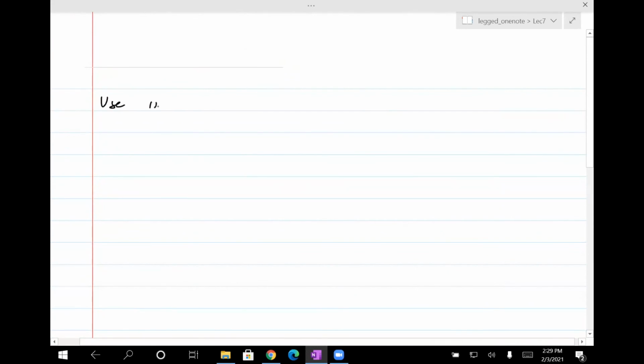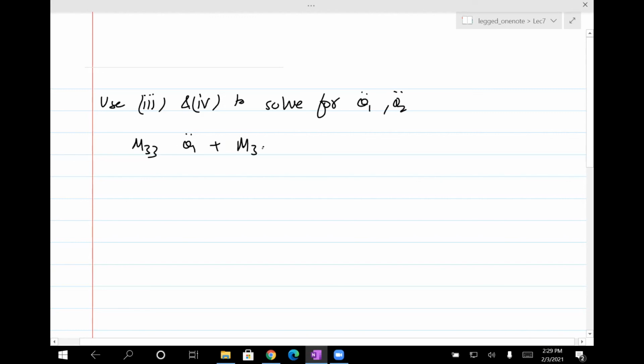Use 3 and 4 to solve for theta 1 double dot and theta 2 double dot, which is basically this equation: M33, M34, M43, M44 times theta double dot equals P3, P4.